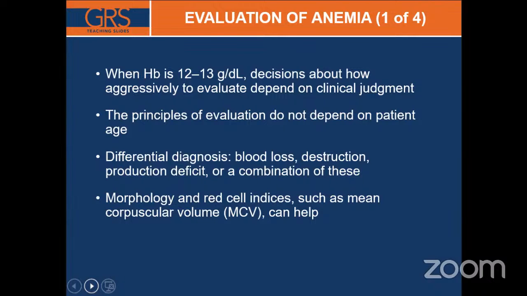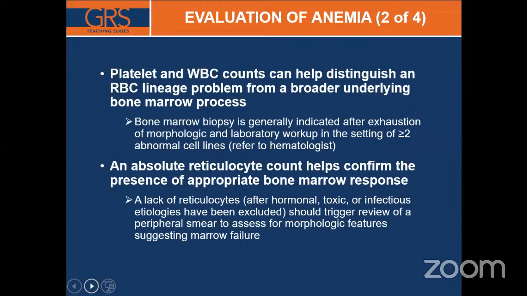Analyzing the morphology of red blood cells and red cell indices, such as mean corpuscular volume, MCV, can help with the classification of anemia and evaluation. Also, platelet and white blood cell count can help distinguish an RBC lineage problem from a broader underlying bone marrow process.